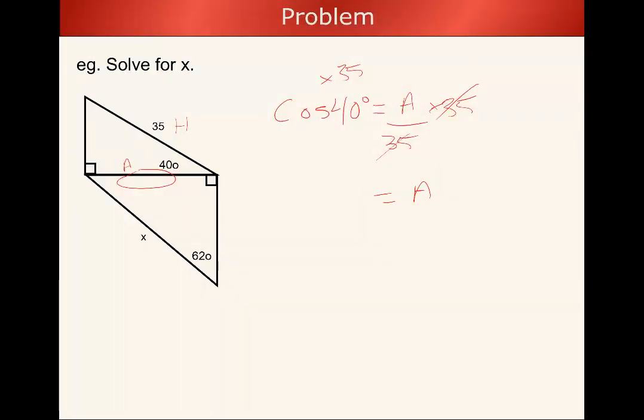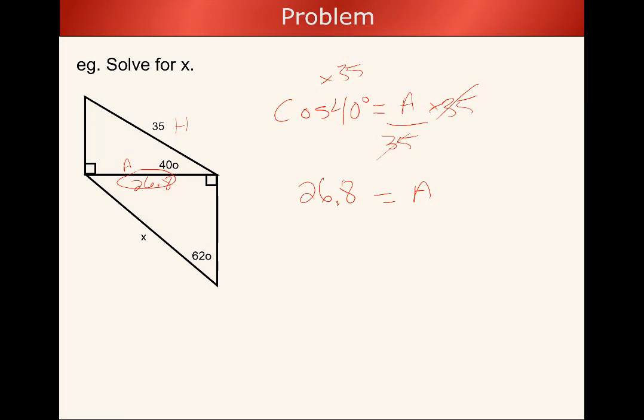So I go 35 times cosine of 40 degrees, and it makes 26.8. I'm going to leave that there. I'm going to write it in here, 26.8.